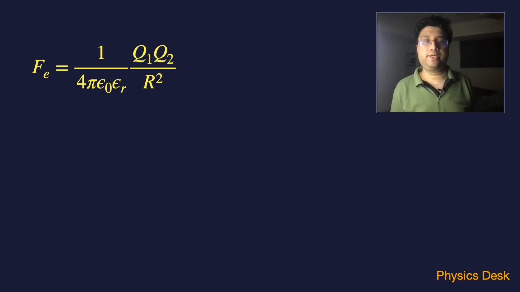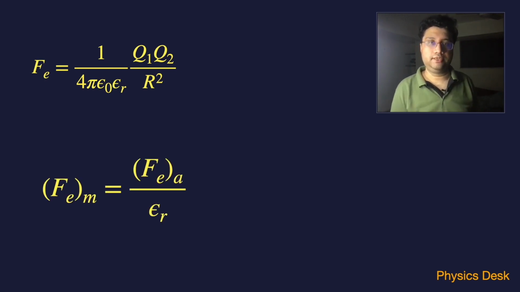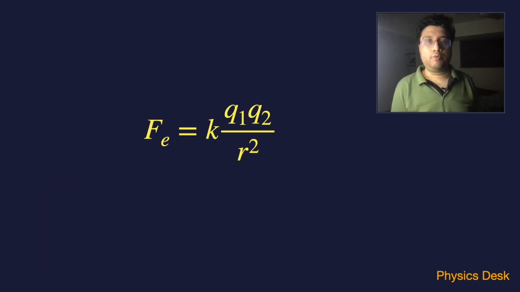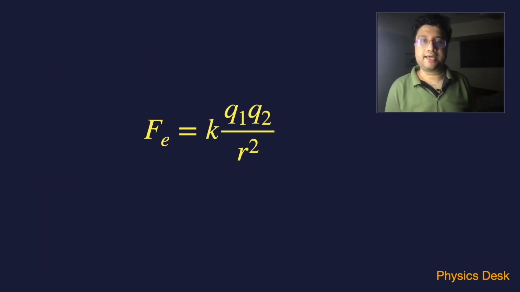For a specific medium, we can write epsilon of that medium as epsilon naught, which is for the vacuum, into epsilon r, which is the relative permittivity. That means if a pair of charges are transferred from vacuum to a medium, the electrostatic force between them drops by epsilon r times. However, for all practical purposes, F = k q1 q2 / r².